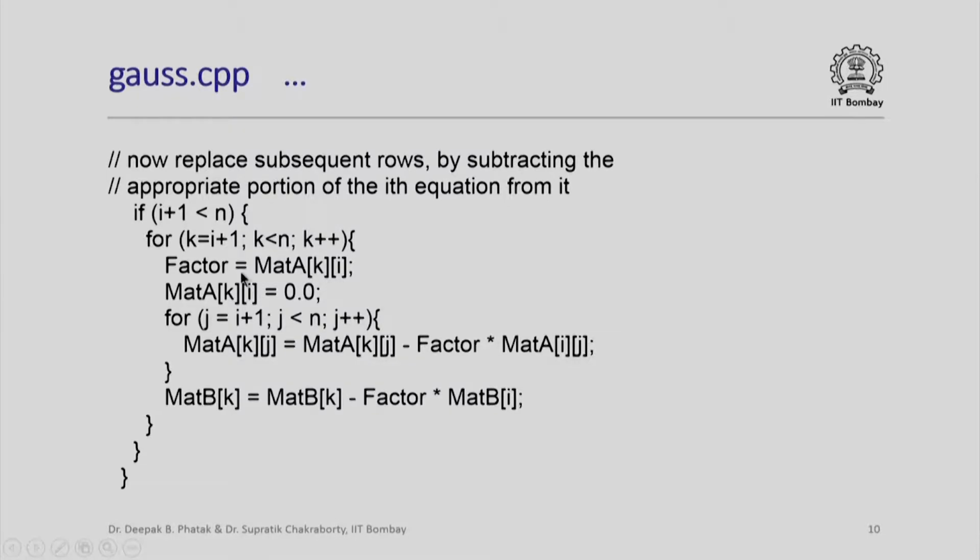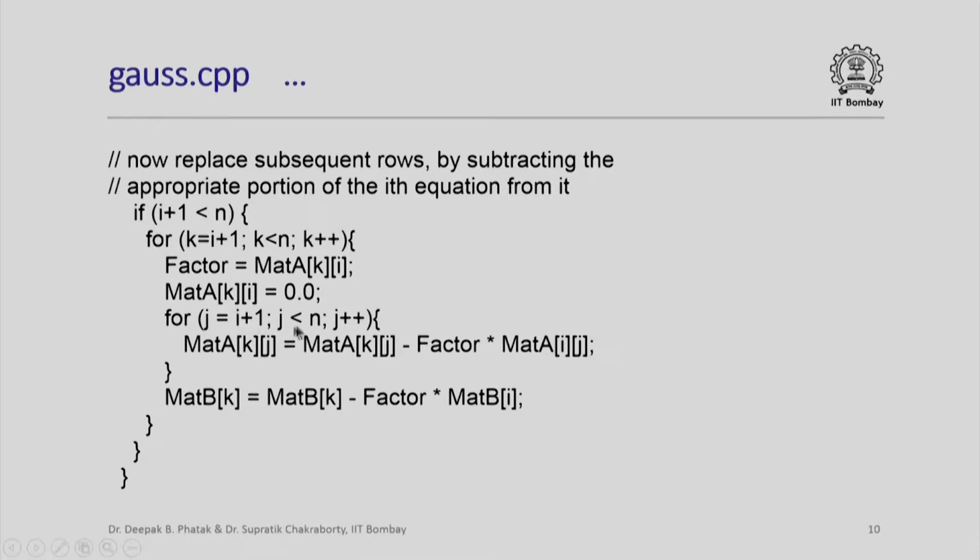This is the factor by which we take a portion of the ith equation and subtract it from this row. But having taken that portion, we set that to 0, because this will be the column under the I comma ith element, which is going to be 1.